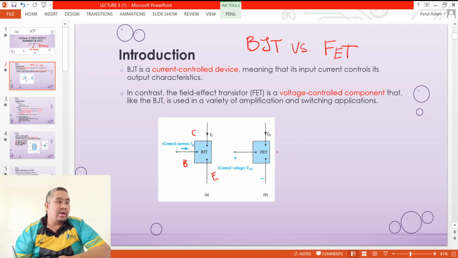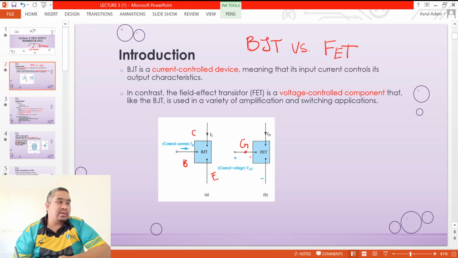However, for the FET, we have D, the drain, and G, the gate. It also has three main terminals like the BJT: a drain, a gate, and a source.